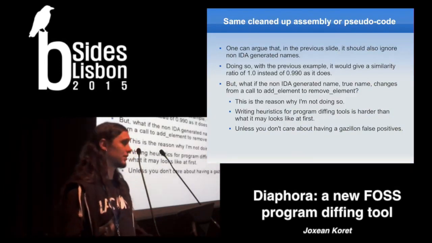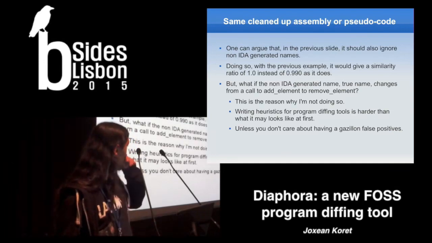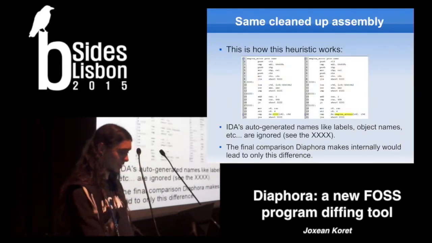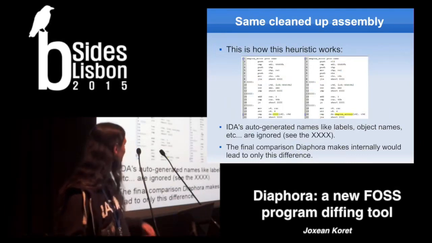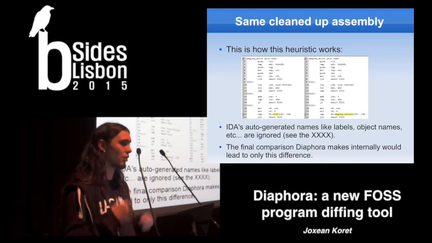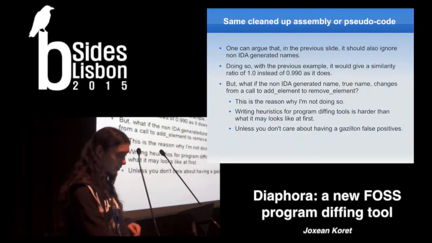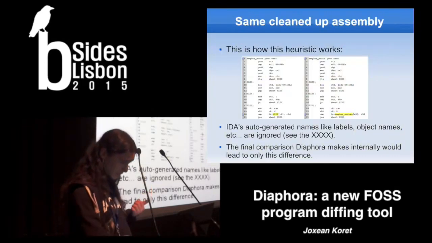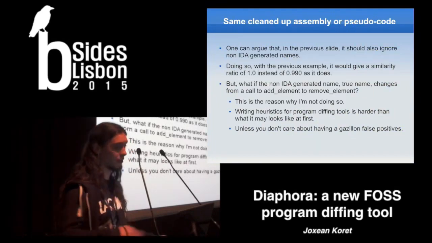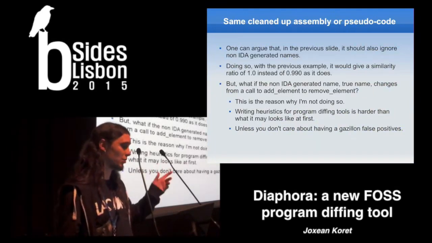Some people told me that this maybe is an error because it also ignores all names. For example, in this comparison, the similarity ratio that is generated is like 0.99 or something like that instead of 1.0. If I remove that name also, engine errors, the similarity ratio that it will generate will be 1.0.